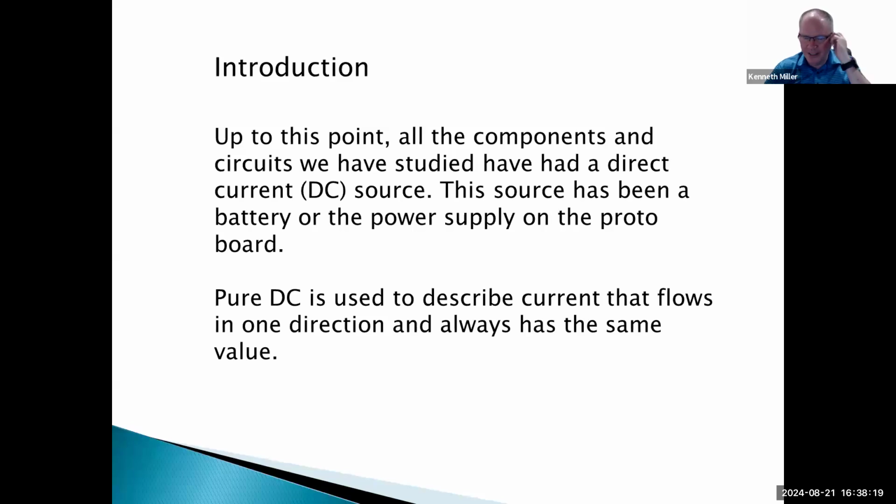Now, if you remember some of the labs from DC, you used the trainer or a DC power supply or a battery, right? DC power is really one direction, where the current is always flowing in one direction.